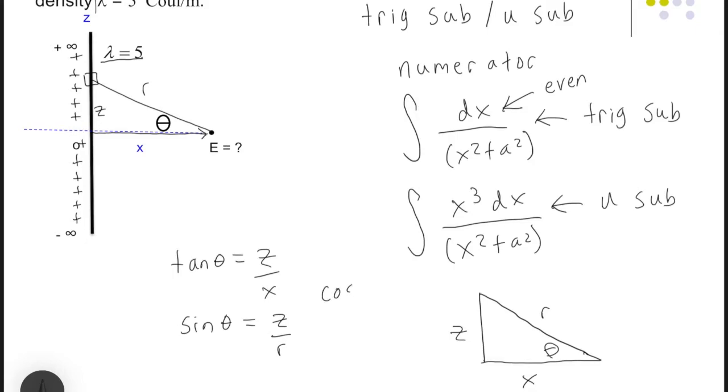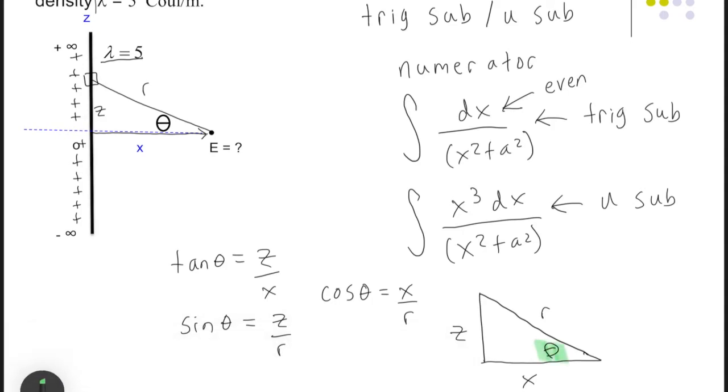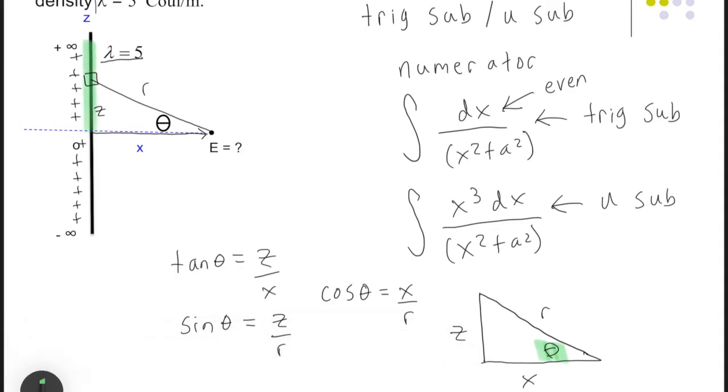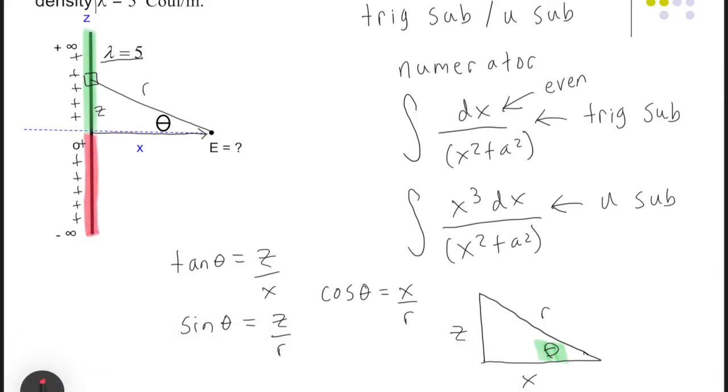And cosine theta would equal x over r. We can use this to solve our problem because doing the integrals of tan, sine, and cosine is relatively easy. Another thing to add is that theta here is the integration variable. So when we do our integration, we will be integrating with respect to theta. Theta for our problem would be going from pi over 2 to negative pi over 2. Okay?